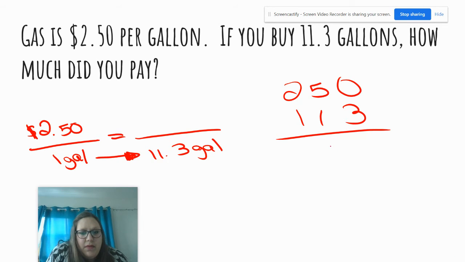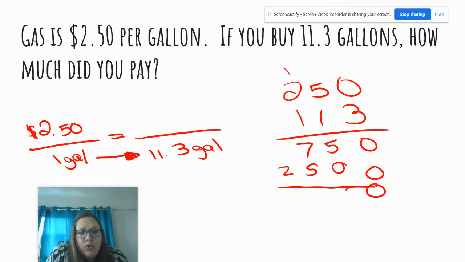Okay, so now I have 3 times 0 is 0, 3 times 5 is 15, 3 times 2 is 6, plus 1 is 7. 1 times 0 is 0, 1 times 5 is 5, 1 times 2 is 2, and then add 2 zeros because I'm starting a 3rd row. 1 times 0 is 0, 1 times 5 is 5, 1 times 2 is 2.